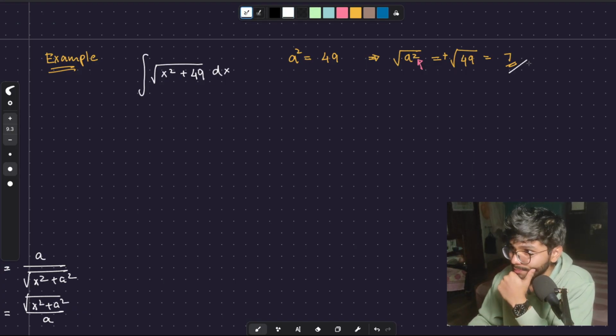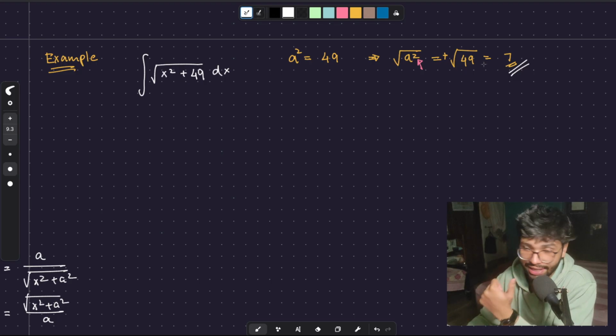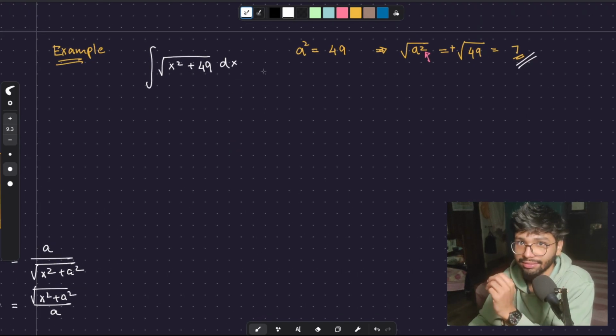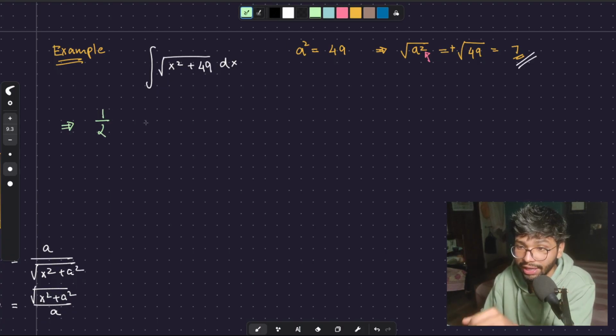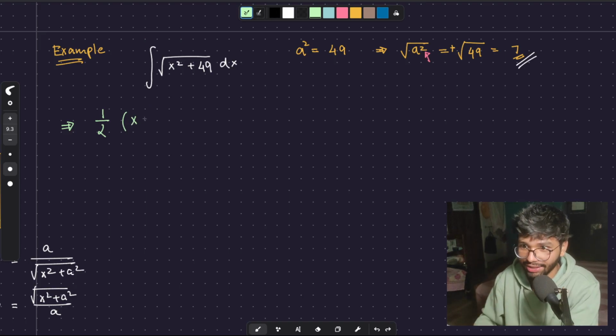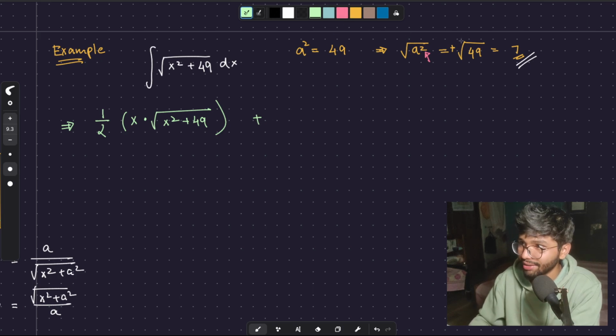Okay, we know this one. A is 7, definitely, and x is x. So we can just plug and chug. We know the formula. The formula says that this integral equals 1 over x times, we know this thing repeats again, x plus 49. And we know a squared. We don't even need to find the a except for the natural logarithm part.